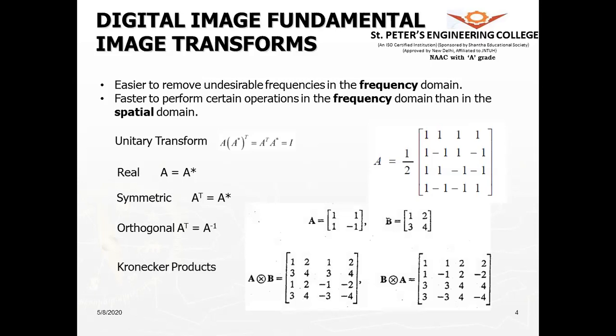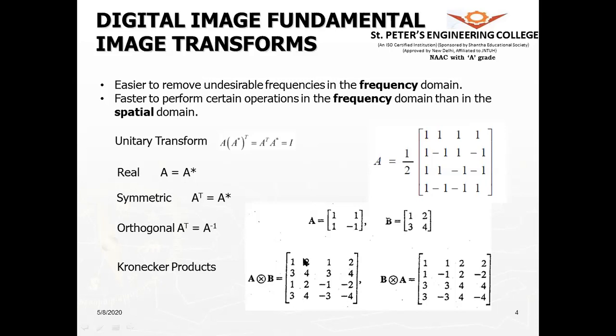Now we talk of another term called the Kronecker product. What is a Kronecker product? If I consider A as a given matrix here with 4 elements and B as another matrix with 4 elements, we represent the Kronecker product of A and B with the symbol shown here.